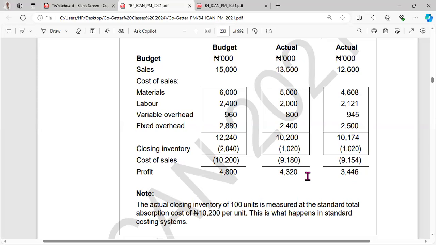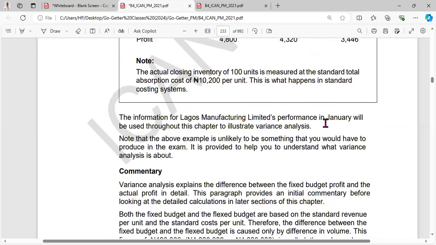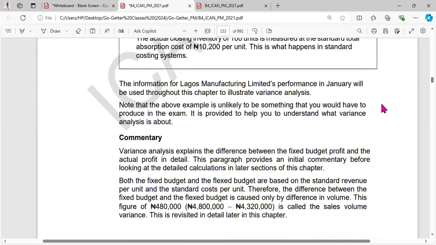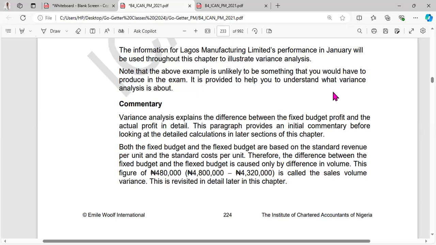All right. This information on manufacturing performance in Lagos will be used throughout our example. So this will help you to truly and thoroughly understand variance analysis, so that when you pick any question, this concept will help you. Now look at the commentary here.